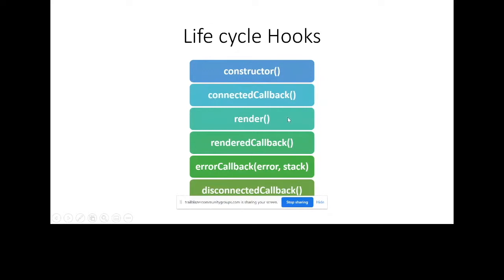I forgot to mention that render is actually not a life cycle hook, we can say. When there are multiple templates, let us take this scenario. Everyone would have seen sign up and login buttons. Whenever we enter a new website, we will usually sign up for that. If we are already signed up, then we log in.